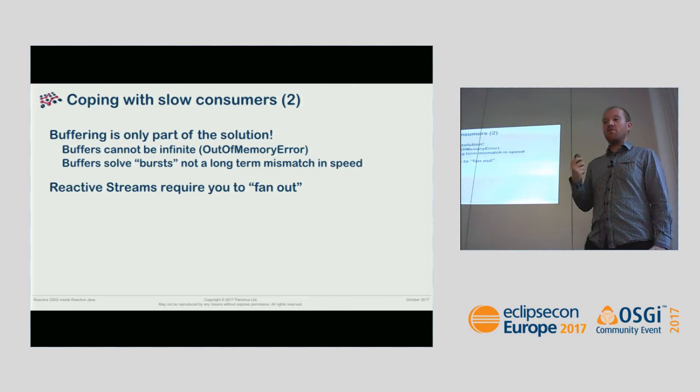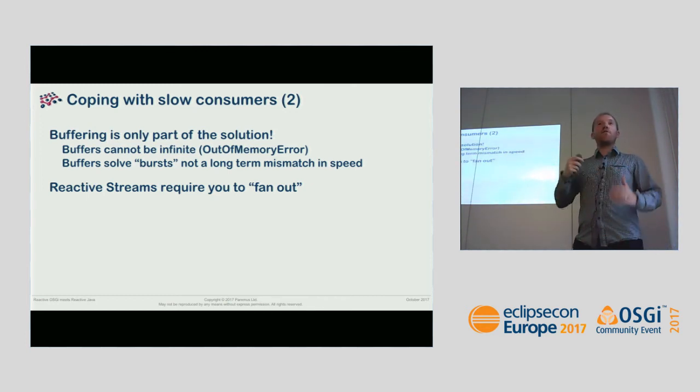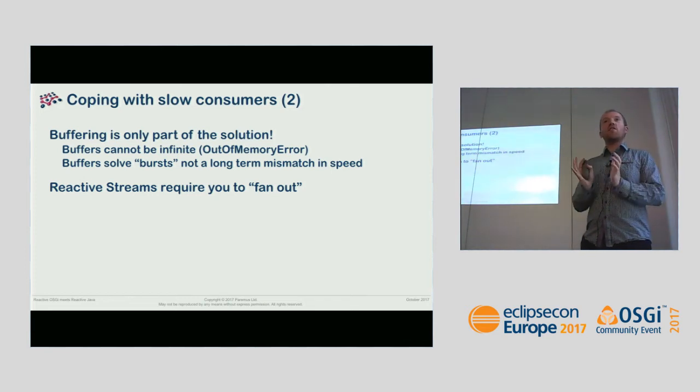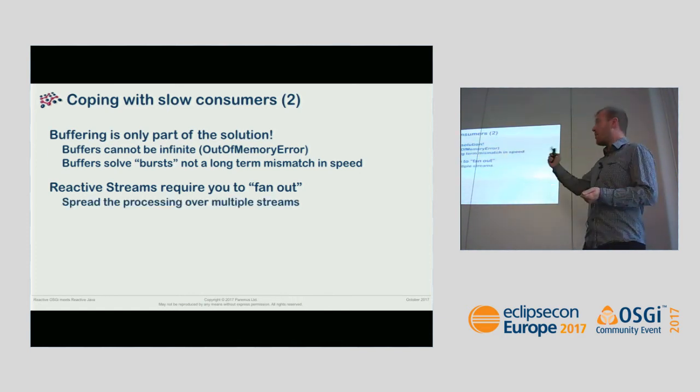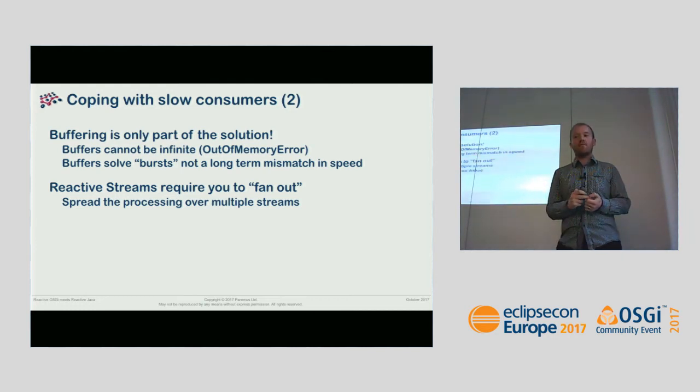This is where you need some kind of ability to fan out to process that. If you need to process all those events, you have to go in parallel. And you have to go in parallel by fanning out because you've got a strong requirement that you can't concurrently call your consumer. Therefore, you have to spread the processing over multiple reactive streams.